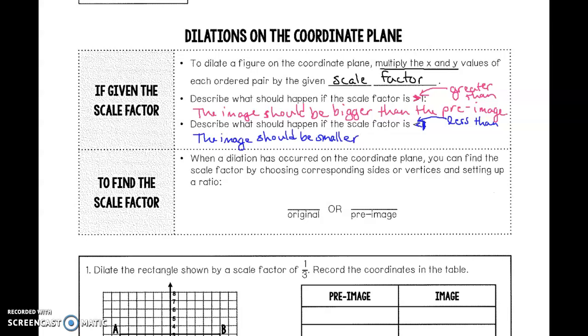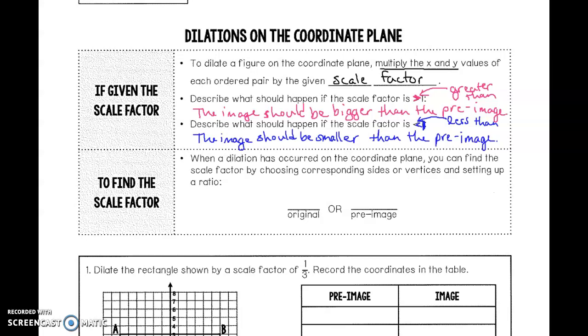The image should be smaller than the preimage. It's really important that you pay attention to this part because that's what we should expect. If we have a number less than 1 and our image gets bigger, we know something's wrong.